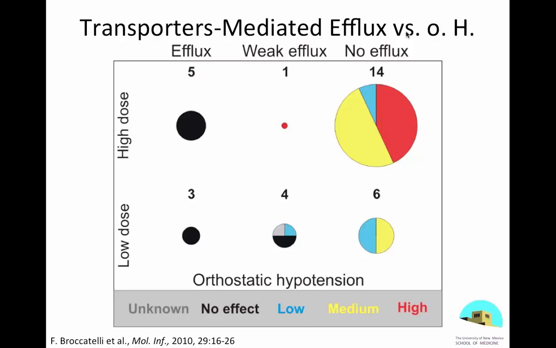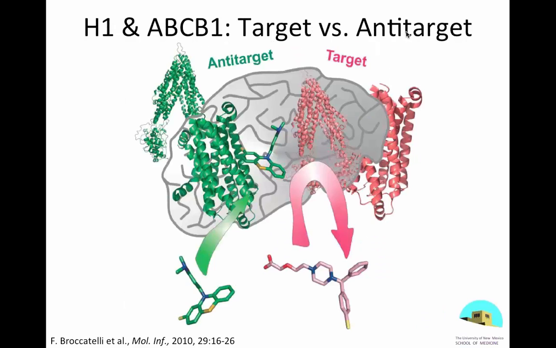The publishers requested that we put this in an image because they wanted to put it on a journal cover. So the short of it is that you have a drug that goes into the brain. This in particular would be your typical anti-allergic drug. Its target should be the histamine H1 receptor in the periphery, not in the brain. If it goes into the brain, it causes sedation, sleepiness, drowsiness, whatever.